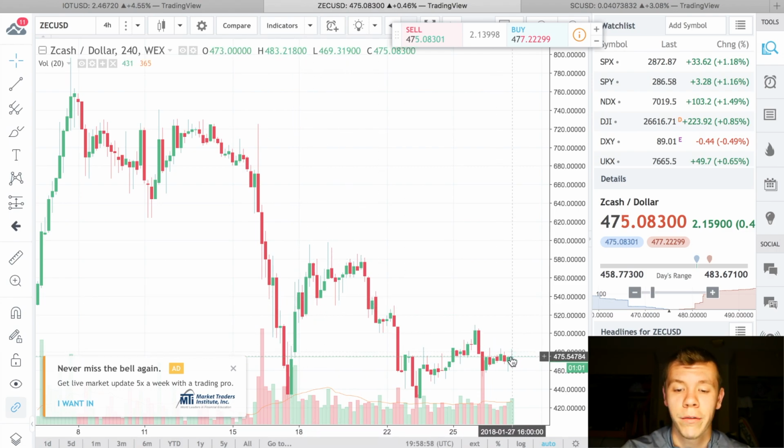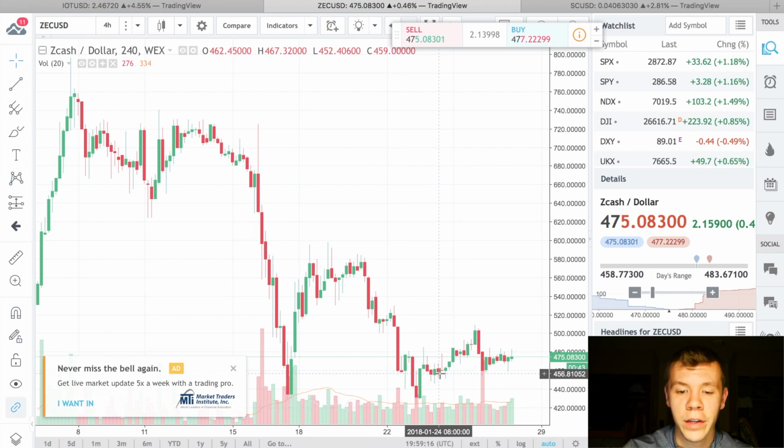And also, if this coin has a pullback, we could see it test the low of, I would say, right here, because we had multiple support lines at 458, 457, 456, 460. So right here is a nice support line.